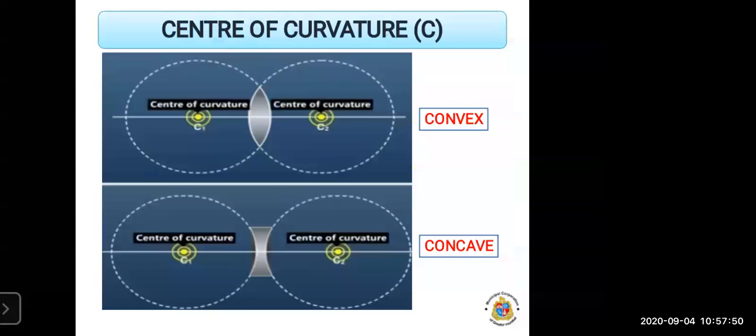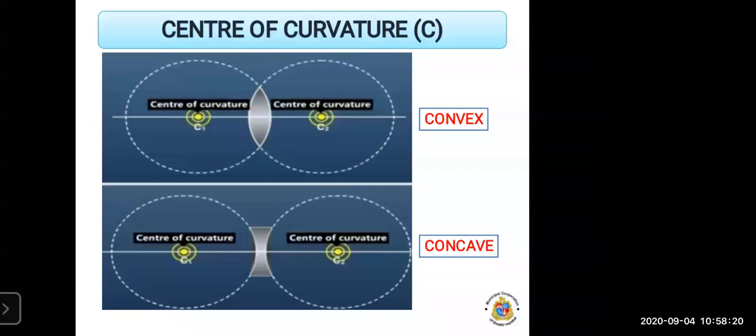Now next, the terms which are related to this. First term is nothing but the center of curvature. The first term related with the convex lens and the concave lens is center of curvature. Now look at the diagram.